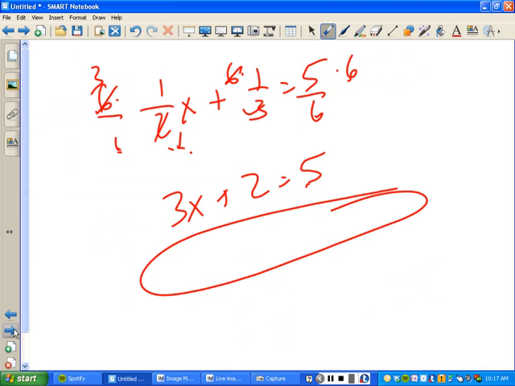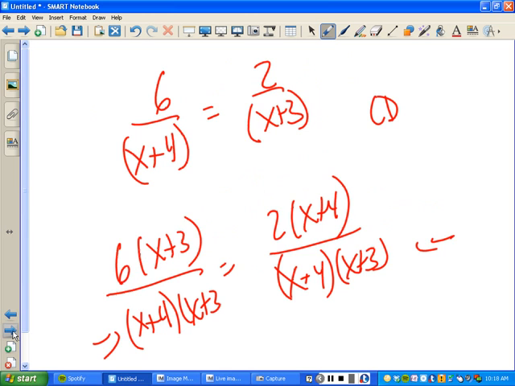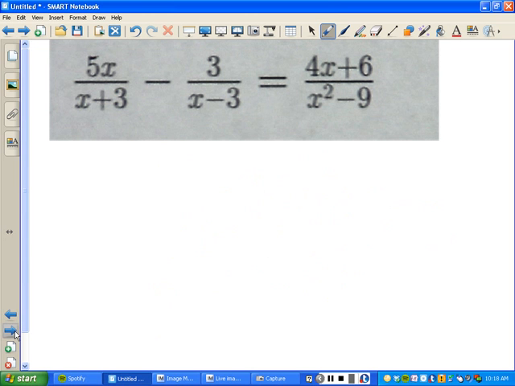All right. Let's do the next one. Here you got x plus 3, x minus 3. Okay. So you're going to multiply everything by x plus 3, x minus 3. Now, are we going to keep the denominators, or are we getting rid of them?